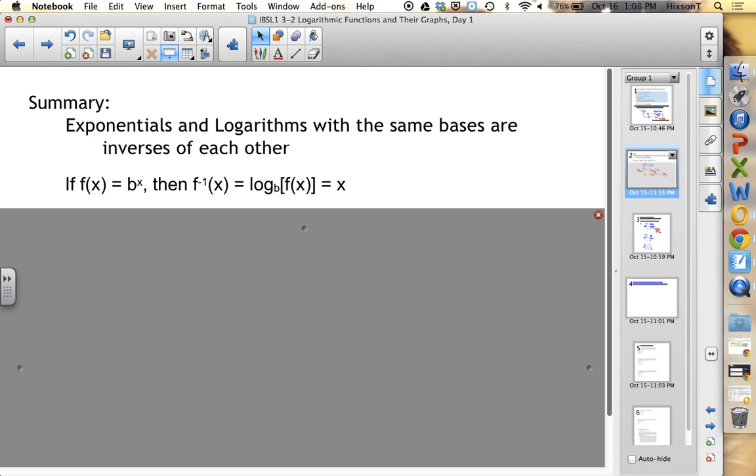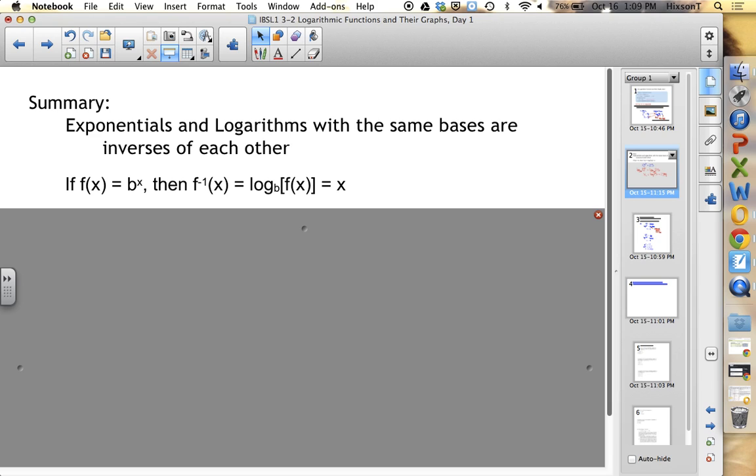If you think about the applications we did with our exponentials, you knew what the exponent was. You were trying to find the value that it equaled at the end, right? For instance, with our compound interest, you knew the rate and the time and all that other stuff. You wanted the value at the end.